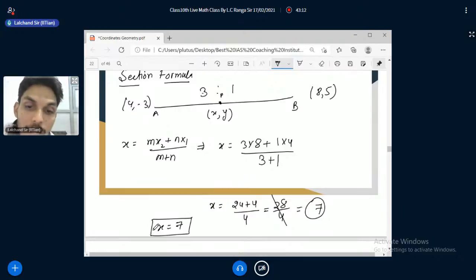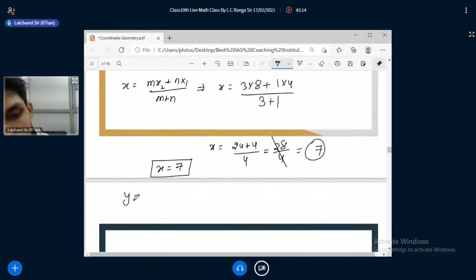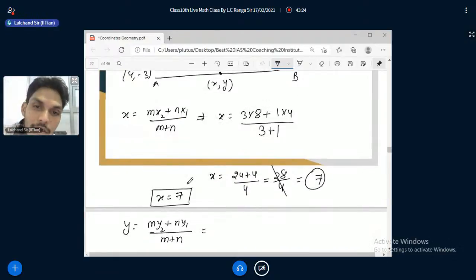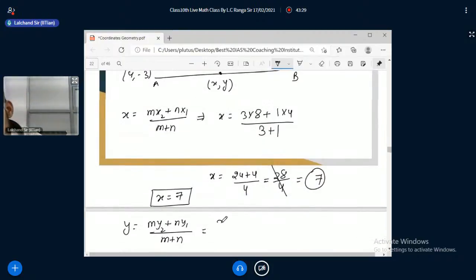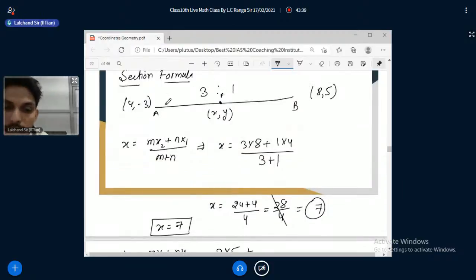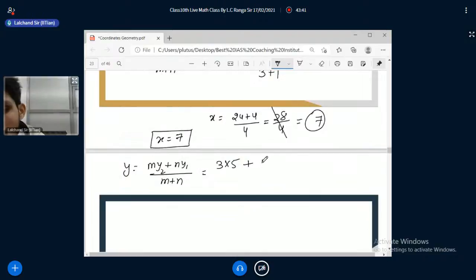And what is the value of y? Y will be m into y2 plus n into y1 divided by m plus n. If we apply the section formula for y, then 3 into 5 plus 1 into minus 3, divided by 3 plus 1.